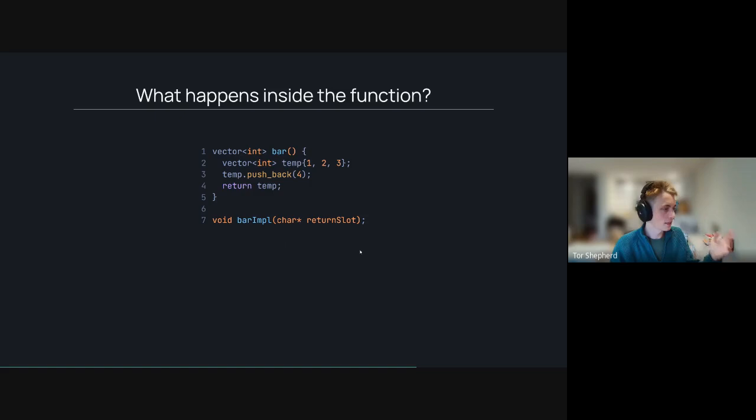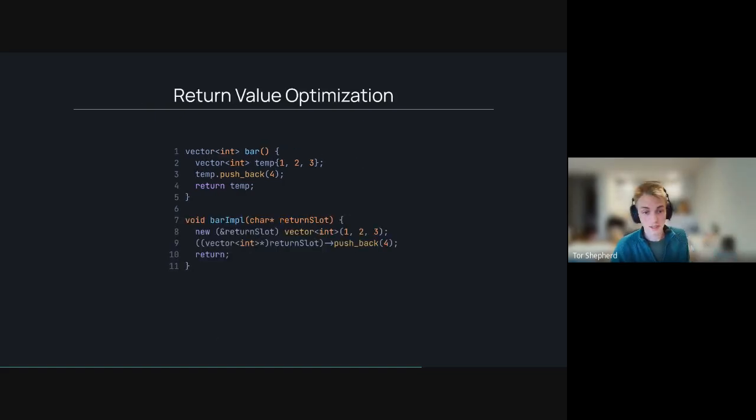Well, the compiler is going to rewrite this probably like this. So in this case, we have the return slot. We might as well just construct this array of 1, 2, 3, this vector, in the return slot directly. We don't have any need for this temporary variable, right? And once we've done that, we can just assume that this memory, we'll pretend that this is temp.